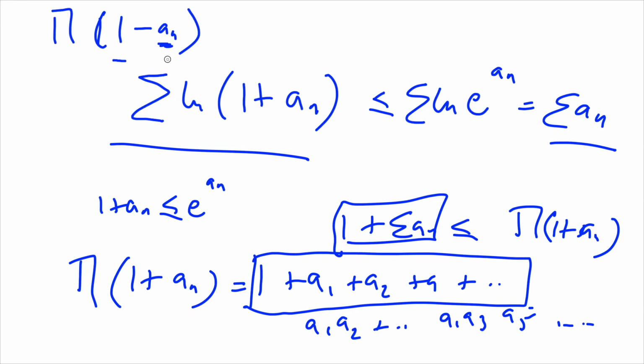For this product to converge, we can see straight away that those an's can't be too large. So if an is between 0 and 1, then we can see that that thing converges. If it gets larger than that, then the factors have a larger magnitude than 1, and we can see that it diverges.